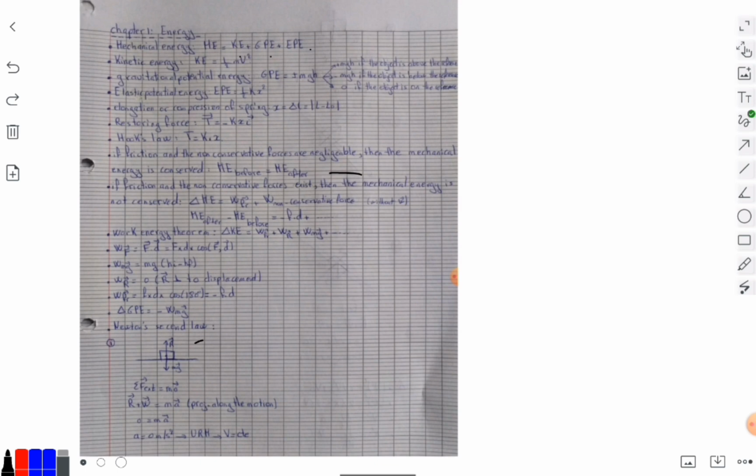Projection along the motion: reaction of support and weight are perpendicular to the motion. They are on the y-axis. This is the y-axis and this is the x-axis, the motion is along the x-axis. So 0 equals ma, we obtain a equals 0 meters per second squared. So the motion is uniform rectilinear motion. Therefore, velocity is constant.